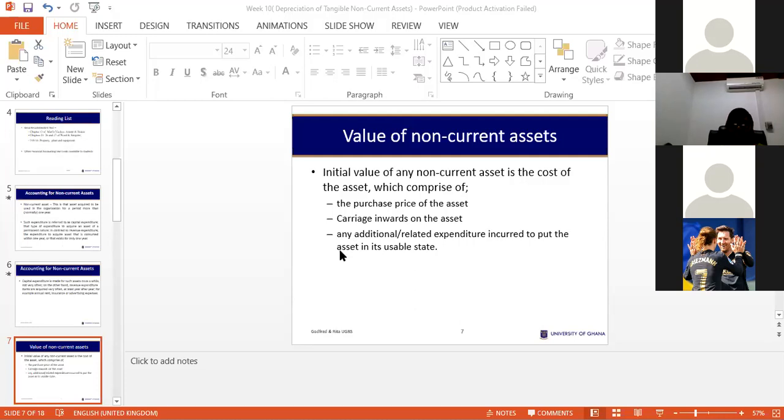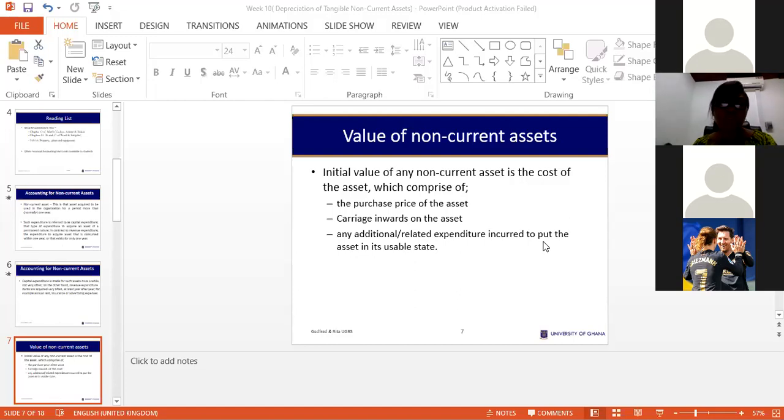Again, and I think we made reference to this in the earlier topic we treated on capital expenditure, any additional expenditure that we have to incur on that non-current asset to make sure the asset is working is also part of the cost. I remember I cited that if you have to register the car or acquire a number plate, all that, if we are recording it for business purposes, would be part of the cost of the asset.